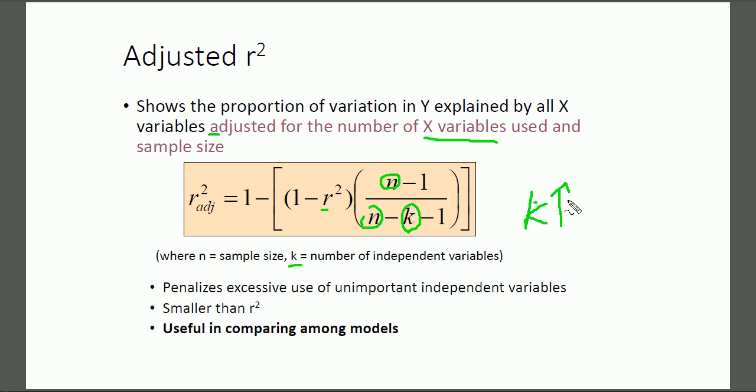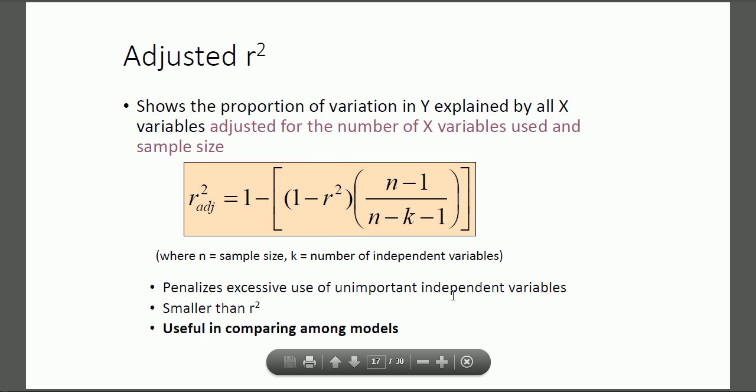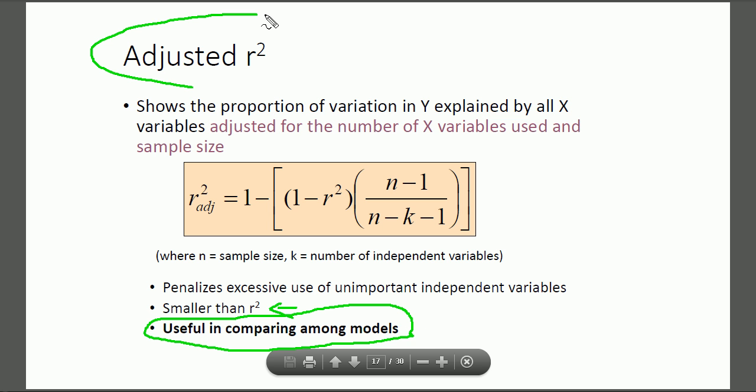We're making the model bigger, so there should be a price, and this is the price for that. It penalizes excessive use of unimportant independent variables. It's always going to be a little smaller, sometimes a lot smaller, than plain R-square. And I should stress this one last time: the usefulness of adjusted R-square is when we want to compare among models, specifically on the same data.